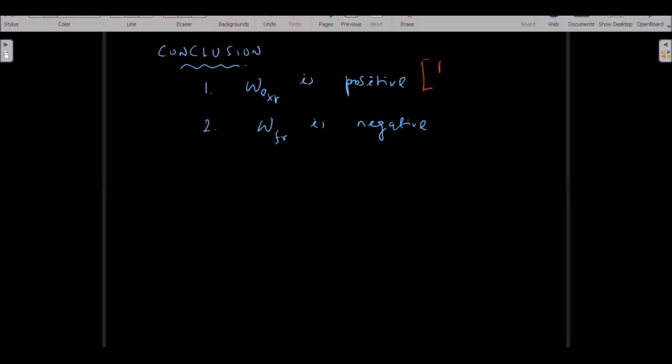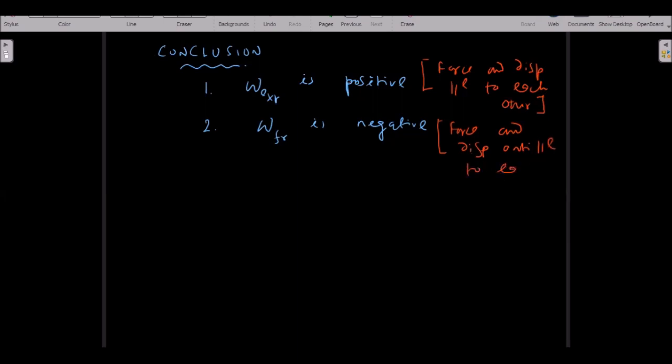Because force and displacement are parallel to each other. It was negative. Why? Because force and displacement are anti-parallel to each other. Correct.